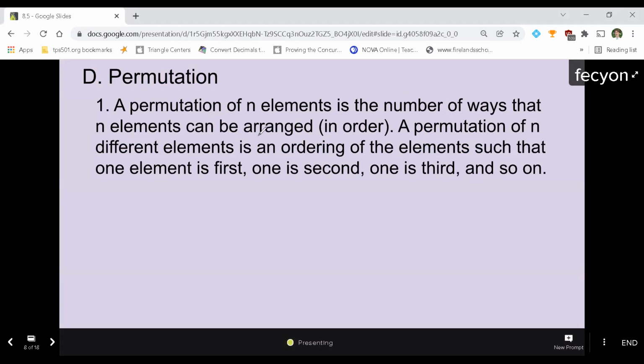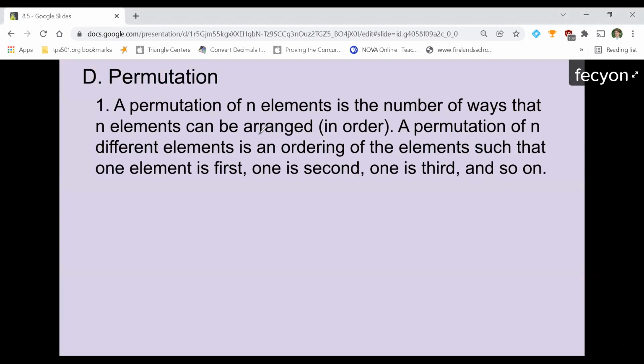All right, permutation. Now, permutations are a way of counting n elements so that we put those n elements in an arranged order. And I want to know how many different ways we can make that order.